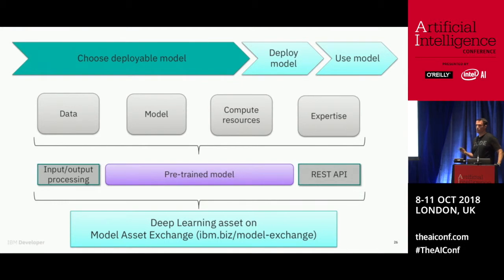But what they do know is their domain, their application, and they can use a REST API and a web service. So a deployable model on Model Asset Exchange is not just the pre-trained model, but we solve this use case and consumption story by dealing with the input and output processing that's required and putting it all behind a REST API.